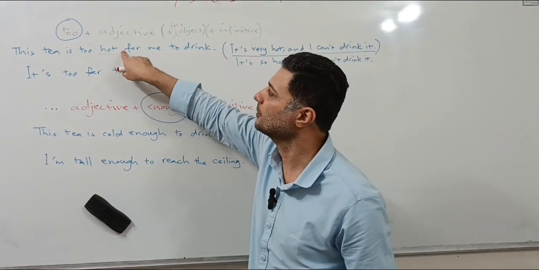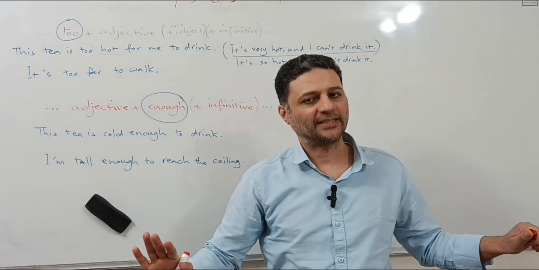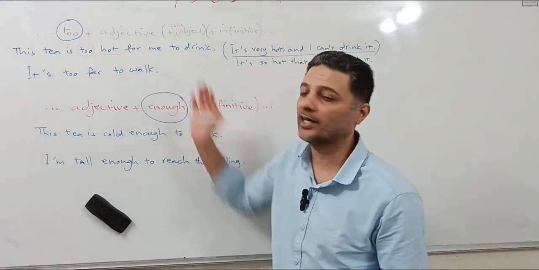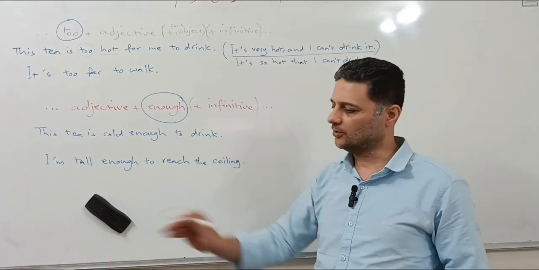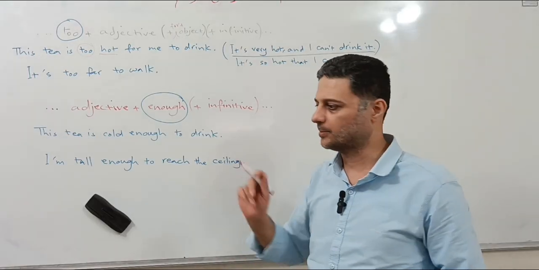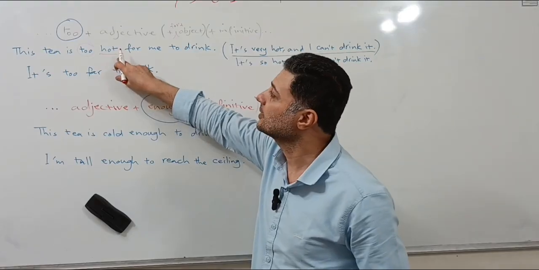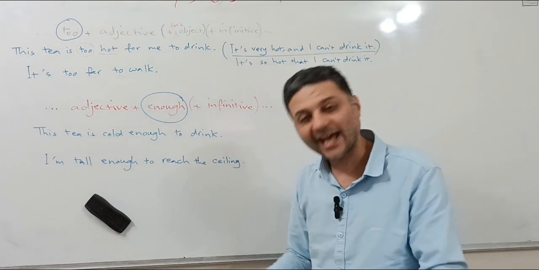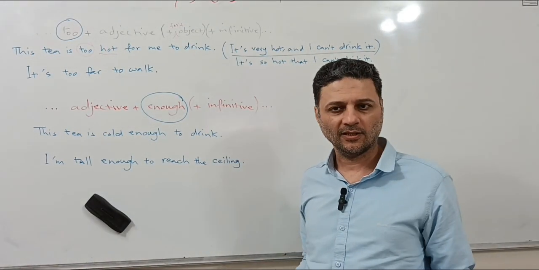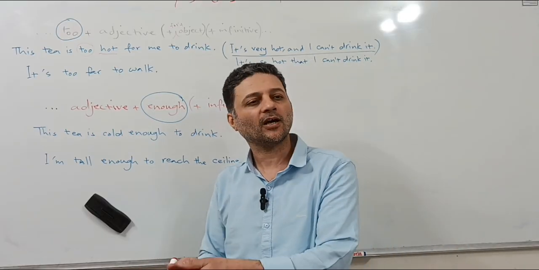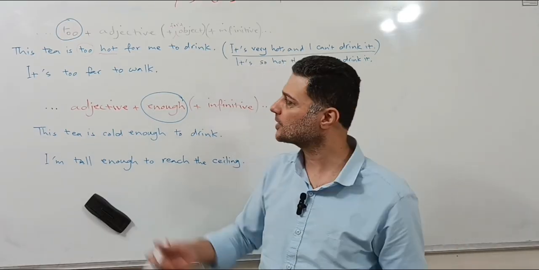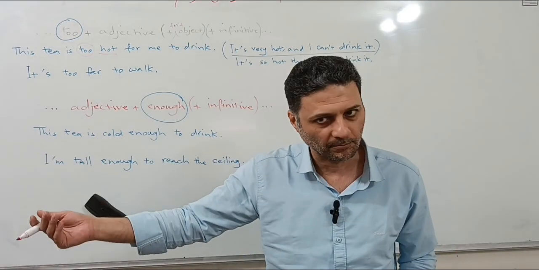So it's too hot to drink. It's too hot, up to here the sentence is complete. Everybody understands you're not going to drink that cup of tea. If you want to clarify for whom it is too hot, you say for me, for her, for him, for them.